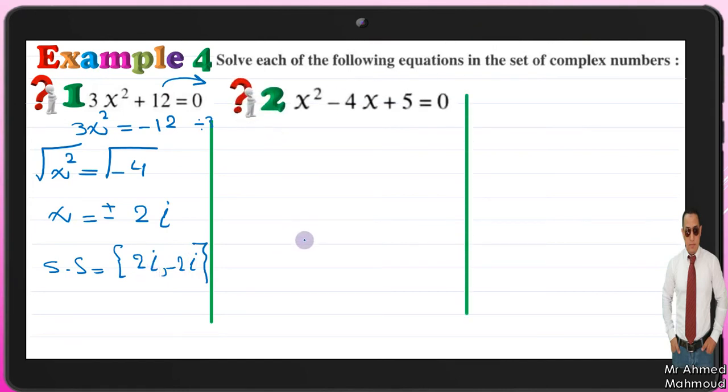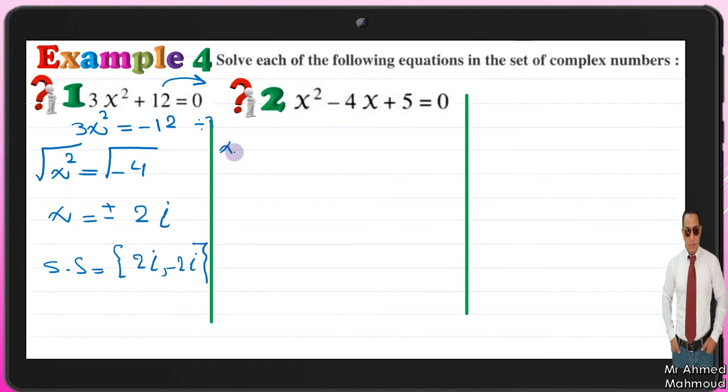x to the power of 2 minus 4x plus 5. Okay, here I can't factorize this one, so I have to use the formula or a calculator, but I will use the formula: a equals 1, b equals negative 4, c equals 5.